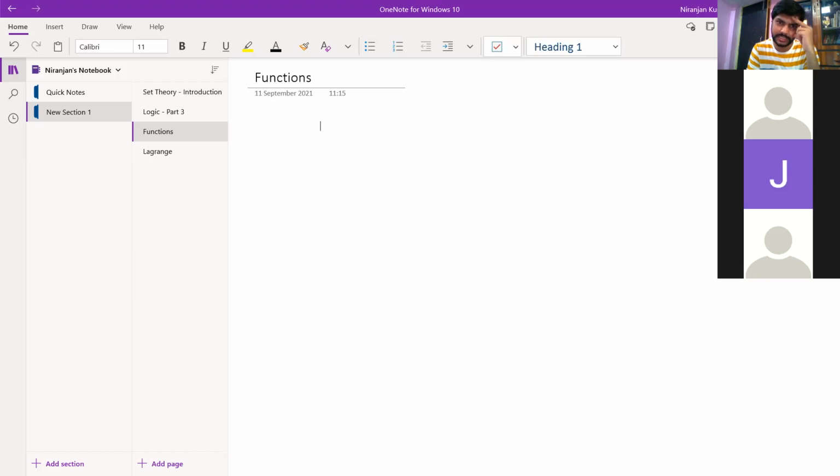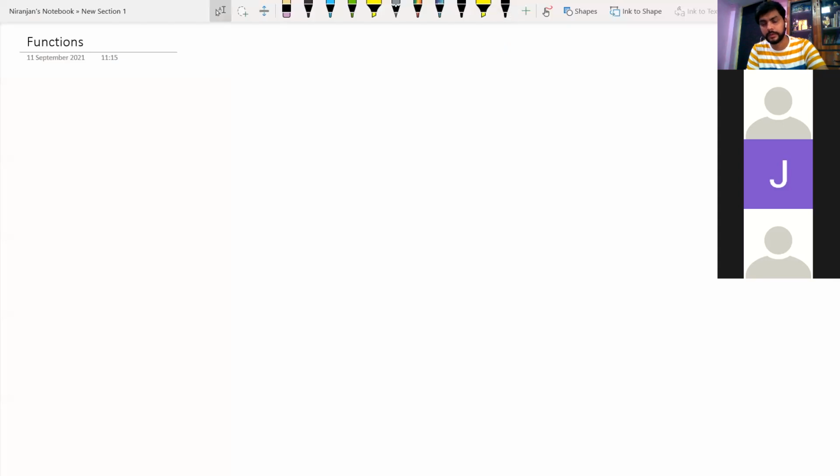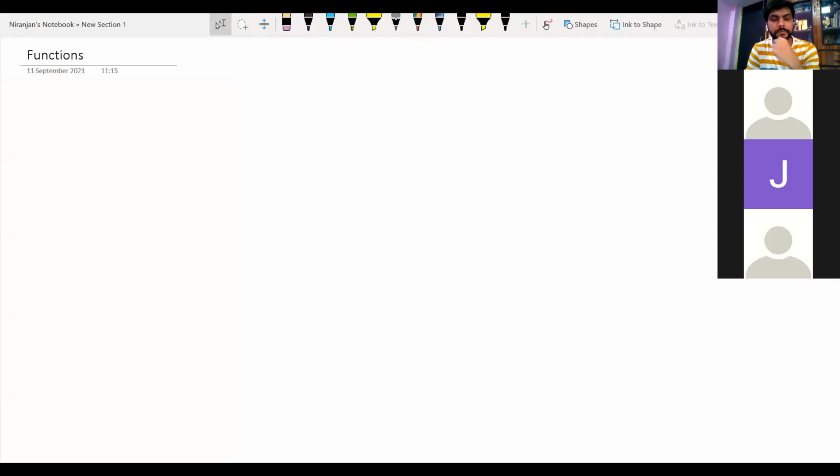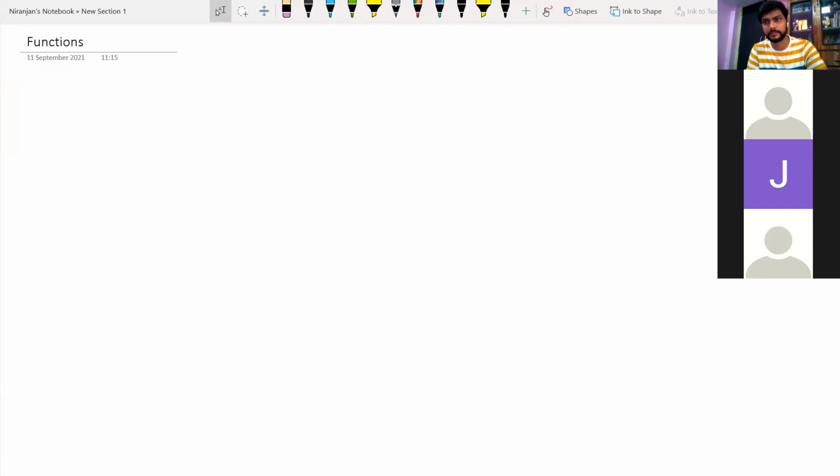What do you mean by specific? So like the domains, all the domains should have their image. All the pre-images should have their image, and these are the criteria I'm talking about. Okay. Simran, what do you think a function is?